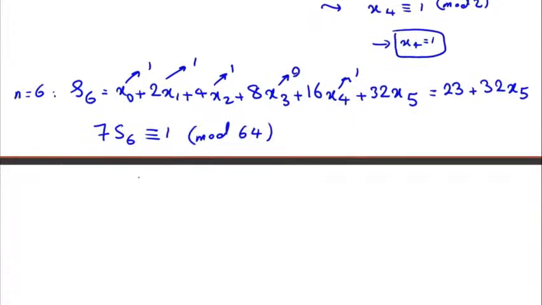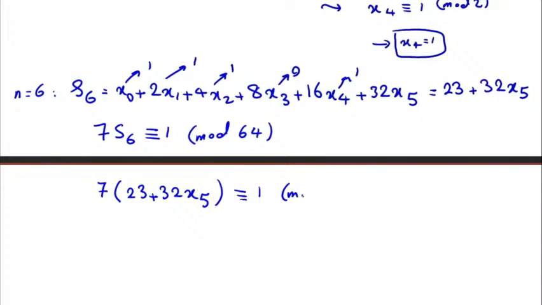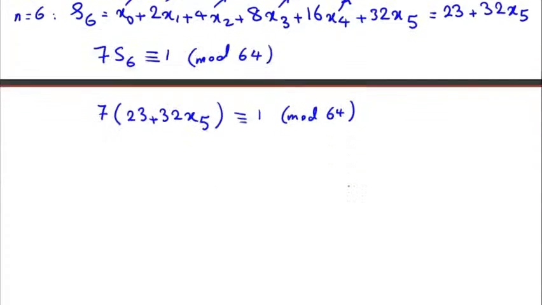Now, 7 times s6 is 23 plus 32x5, which is congruent to 1 mod 64. So here, 7 times 23 is what? Let's calculate 7 times 23, 161, plus 32x5 is congruent to 1 mod 64.